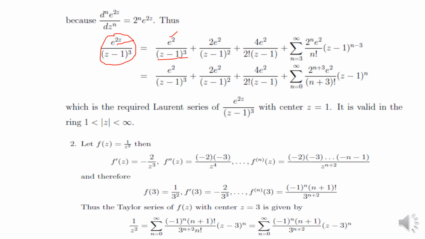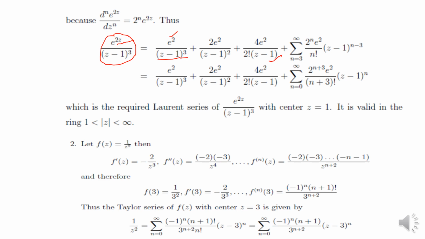Next will be 2 square e square upon factorial 2, and (z minus 1) cube in the denominator, and in the numerator it will be (z minus 1) whole square. So the square will cancel out and in the denominator we will have z minus 1.